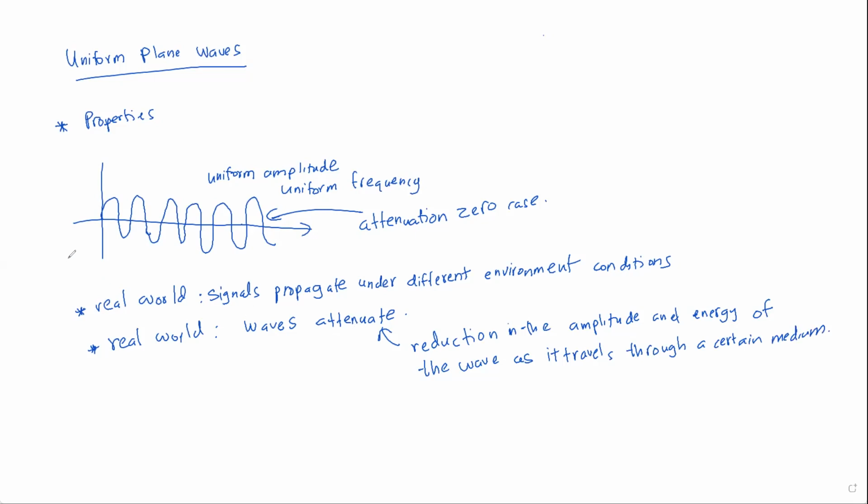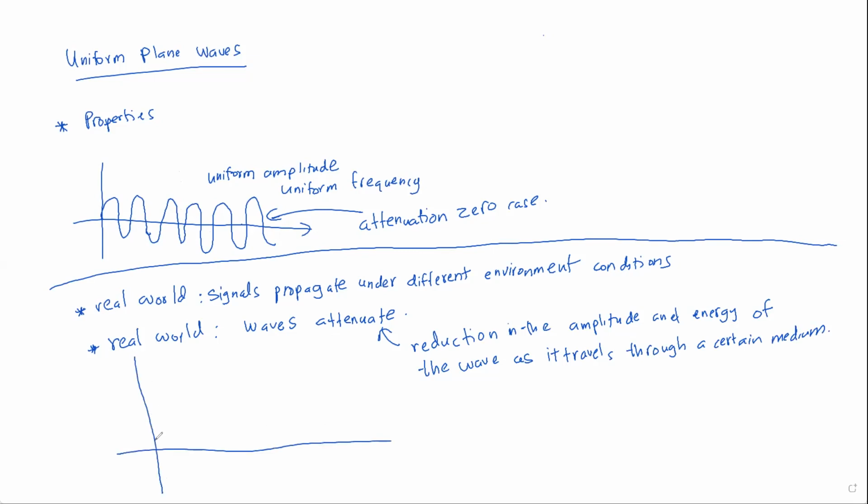So we need to consider the real world conditions, and we need to update our mathematical models of wave propagation based on that. Okay, so in the real world, the amplitude of the wave will attenuate. So it will decrease with the time.